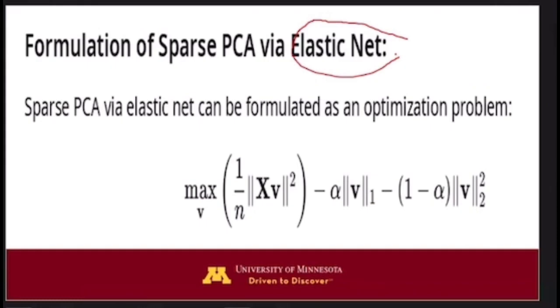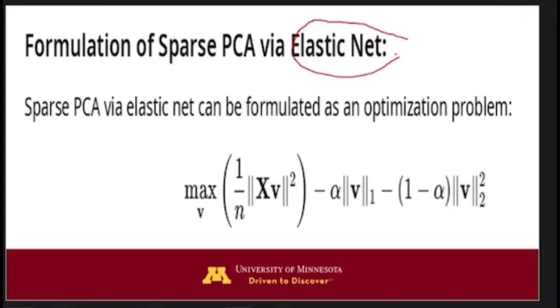Am I going to have ridge or lasso when alpha equals 0? I'm actually going to have ridge, which means when the tuning parameter equals 0, you have a ridge penalty. When the tuning parameter alpha equals 1, then you have lasso.